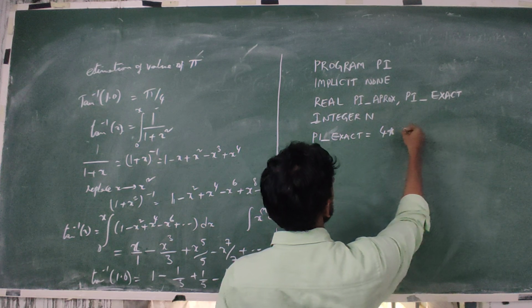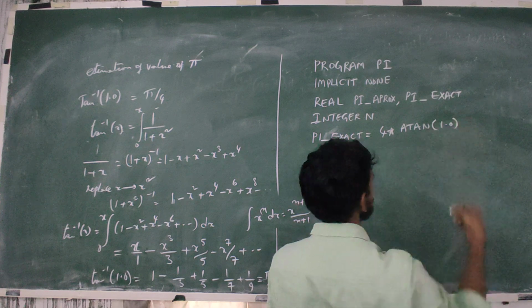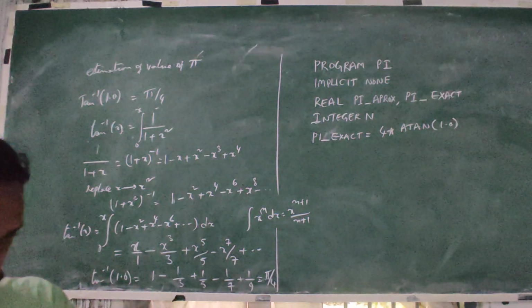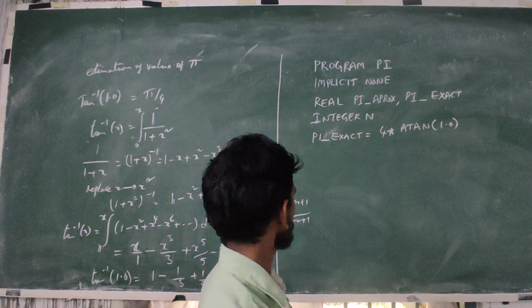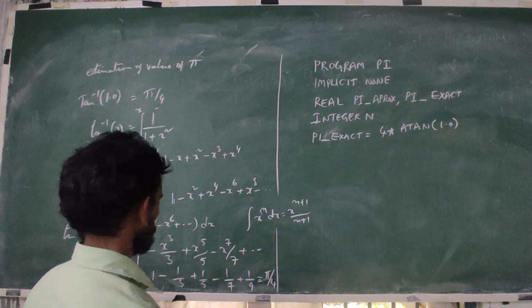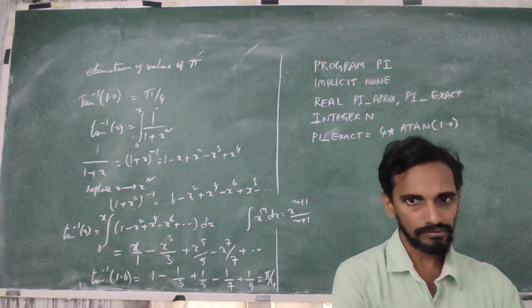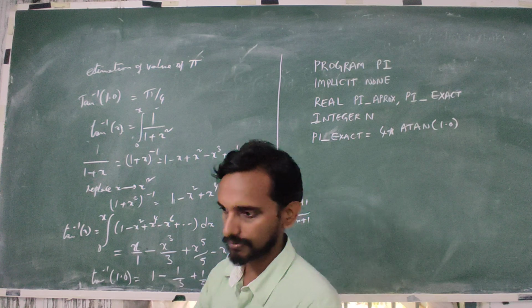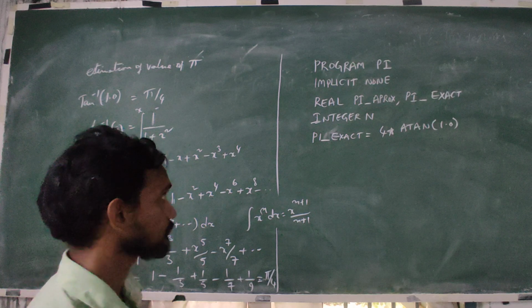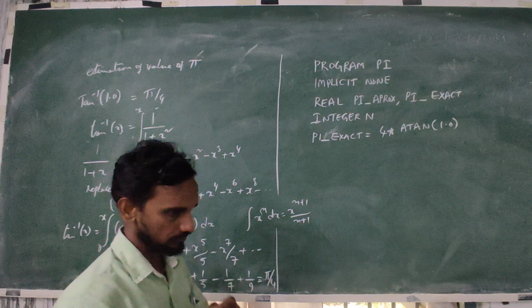It is 4 times arctan 1.0. So now I'm asking the user to enter the number of terms in the series.